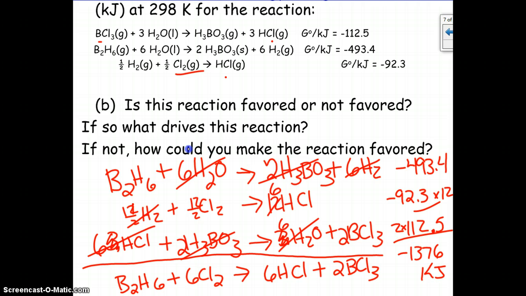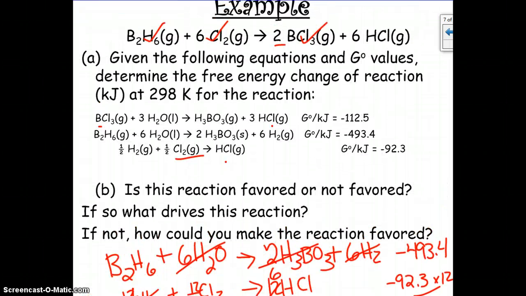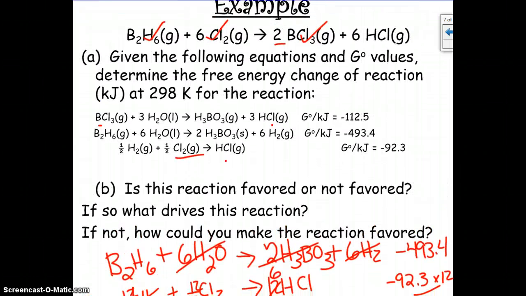Now, is this reaction favored? Well, delta G is negative, which indicates to us that this reaction is favored. If so, what drives the reaction? Well, that's going to be sort of difficult to tell based on the data we have, but we can attempt to try to gain some insight.